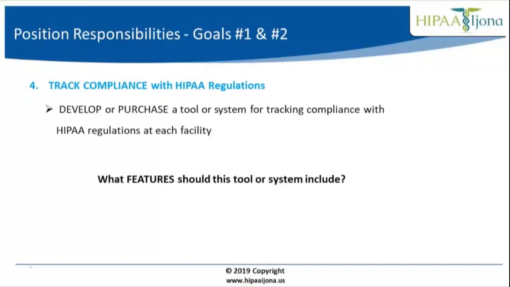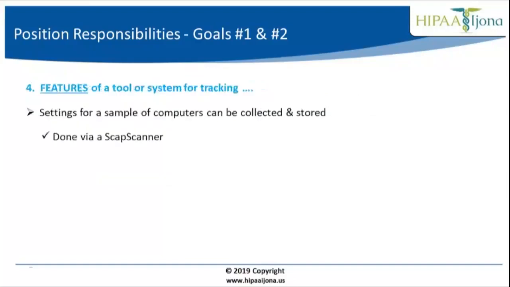So let me give you the features that you should look for in this tool or system. First thing is, you need to be able to collect a sampling of computers in your organization. This is part of the Federal Register of getting started on this thing.